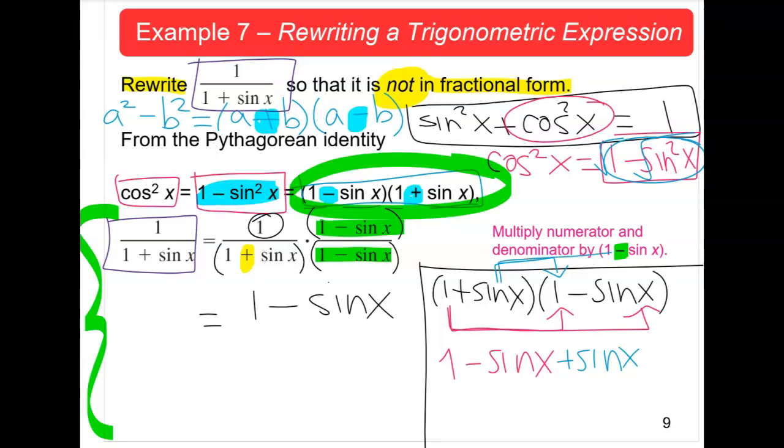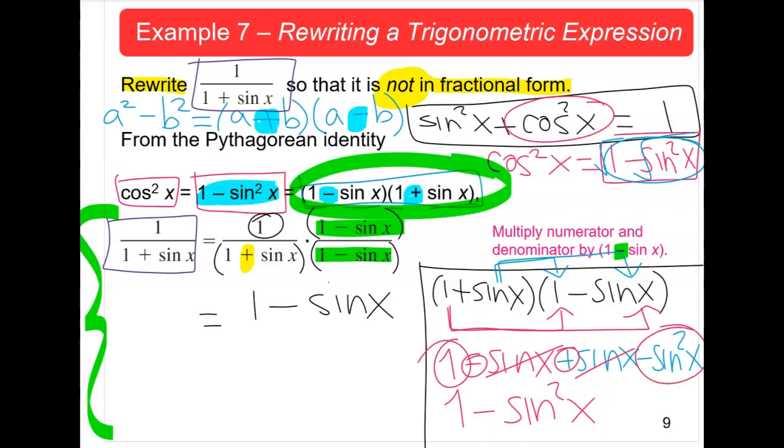And then positive sine x times negative sine x will give me a negative sine square x. Now, you can see that the two terms in the middle are opposites, because they have a positive and a negative sign, so they equal 0 when we add them. And now we are left with 1 minus sine square x. This one from here, and the negative sine square x here. And so that is what goes here on the bottom from multiplying this term with this term.